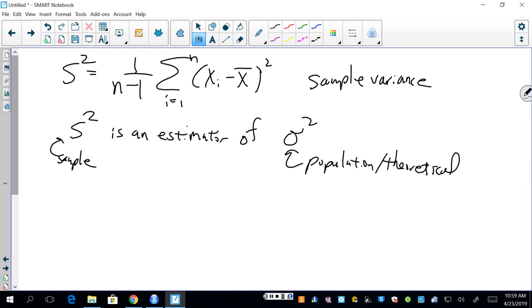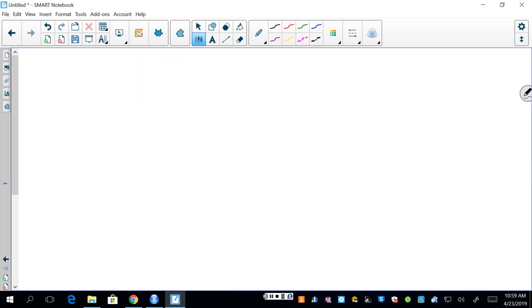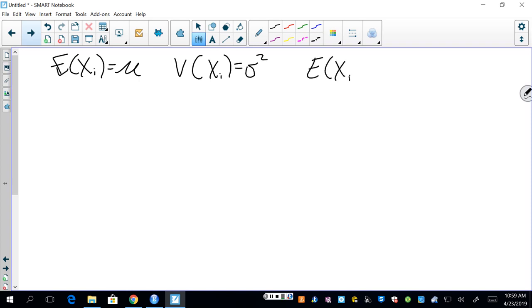Well, let's say that the expectation of each xi is mu, and the variance of each xi is sigma squared, so that the expectation of xi squared is the variance of xi plus the expectation of xi quantity squared.